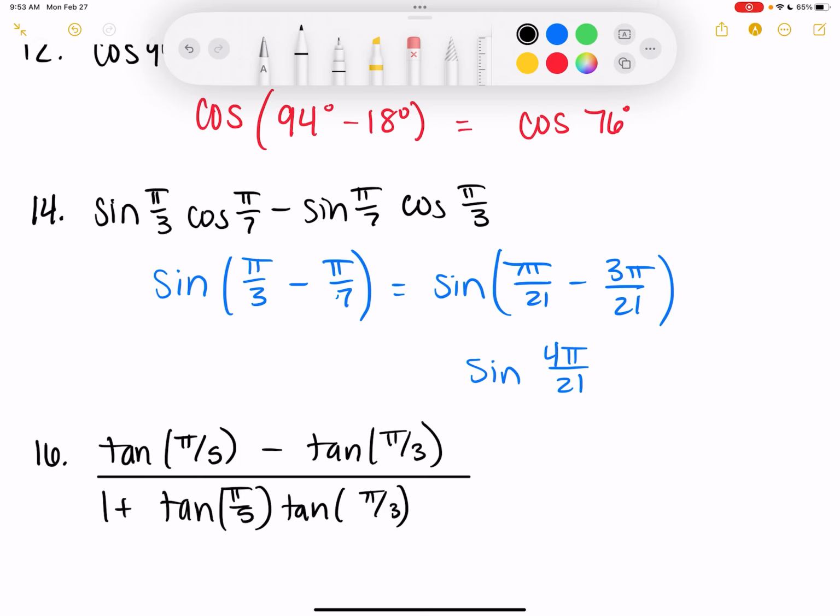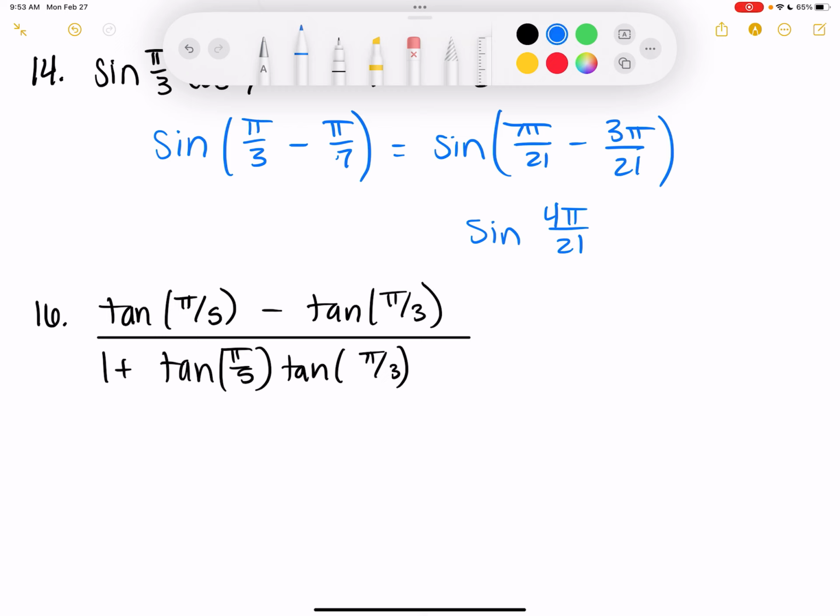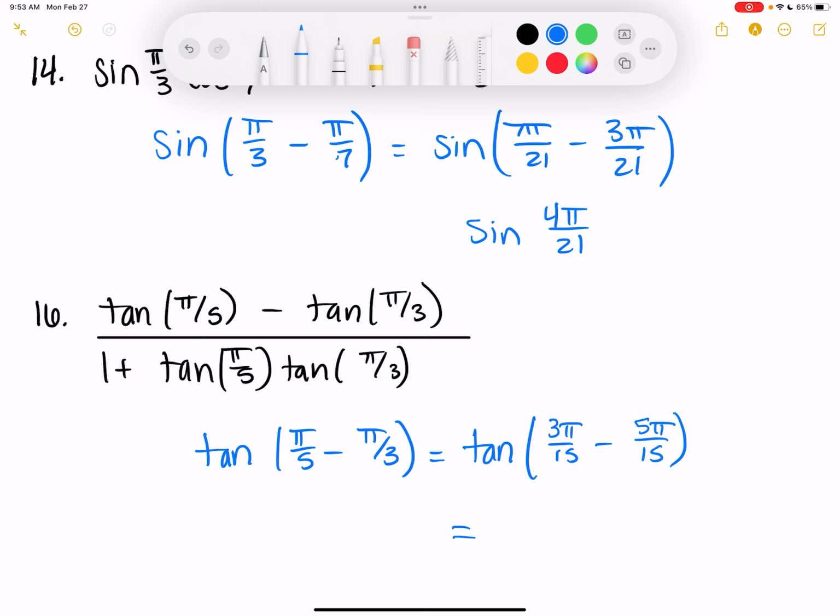Okay, so obviously it's tangent, of pi over 5 minus pi over 3. So tangent of 3 pi over 15 minus 5 pi over 15, which is negative 2 pi over 15.